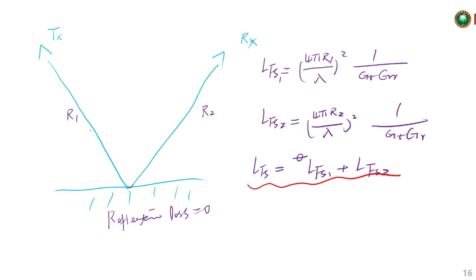We cannot add the path loss of this part and the path loss of this part together, because the path loss is not in a linear relationship with the distance, all right? So we can say the path loss and the distance have a square law, not a linear relationship.